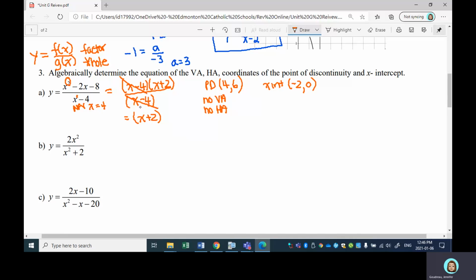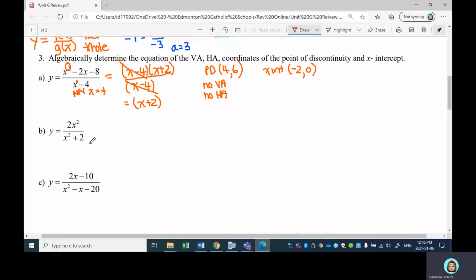Factor, simplify. If factors match, we have a point of discontinuity. If we have a factor remaining in the denominator, that's our vertical asymptote. Comparing the degree of the numerator and denominator finds our horizontal asymptote, and the factor remaining in the numerator is our x-intercept. Let's do the same with part B.